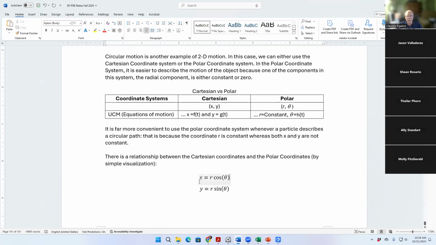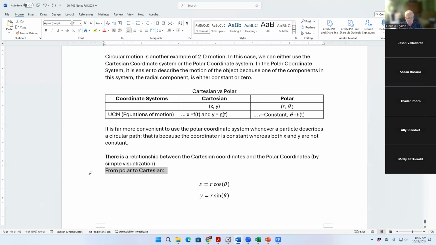When we want to go from r, theta to x and y, we apply these two equations, okay? From polar to Cartesian. Okay.